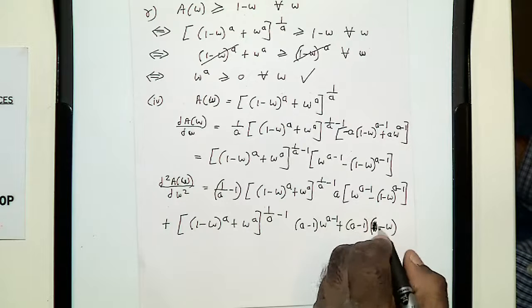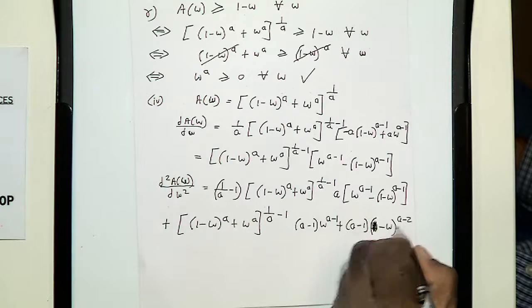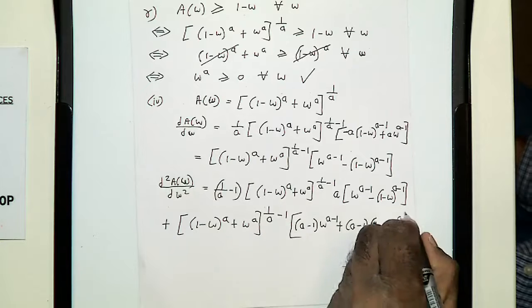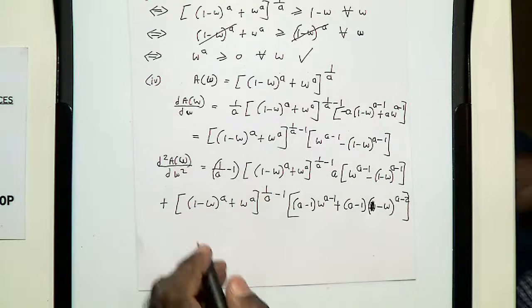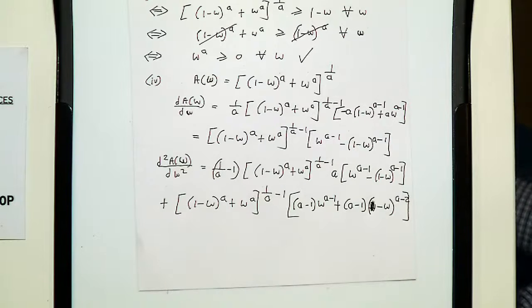This is 1 minus omega A minus 2. Okay, so this is what you get. Now, you need to simplify this, and I may be running out of time, so let me show you. After some simplification, this is what you will get.